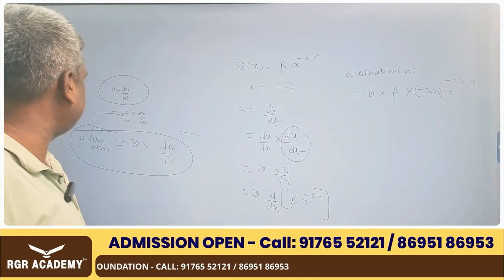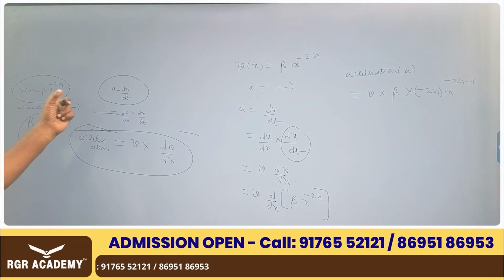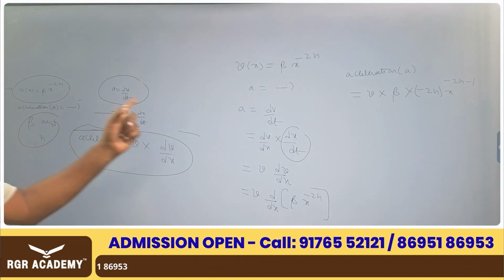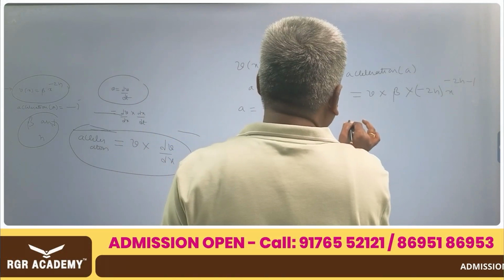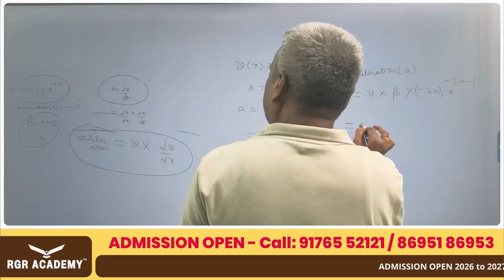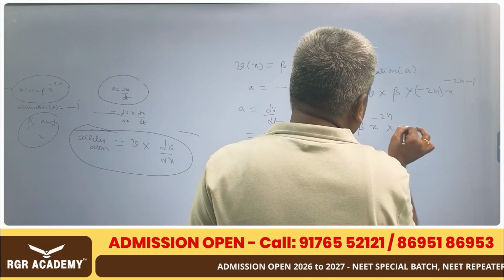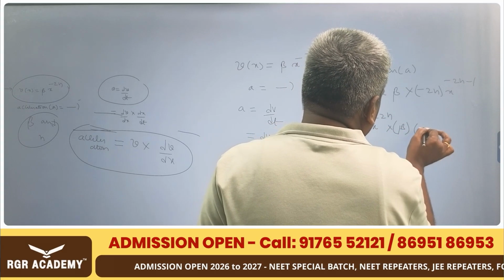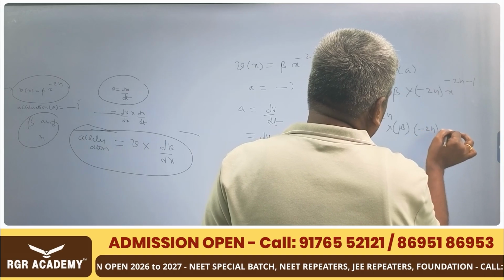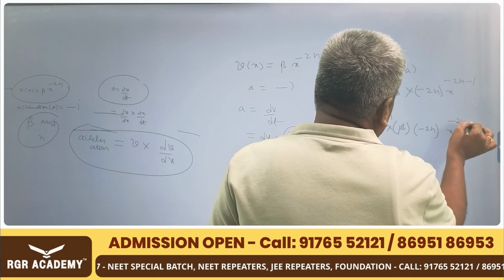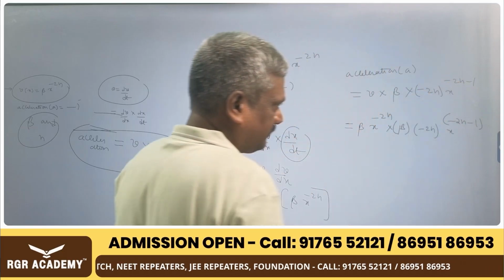You got like this. But the Vx value is already known. Substitute that Vx value here. Vx is equal to what? That is beta into x power minus 2n into beta into minus 2n into x power minus 2n minus 1.